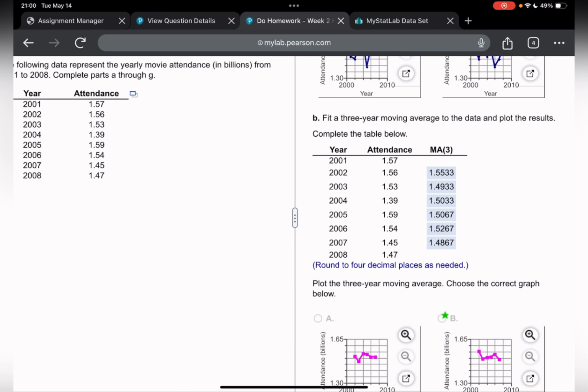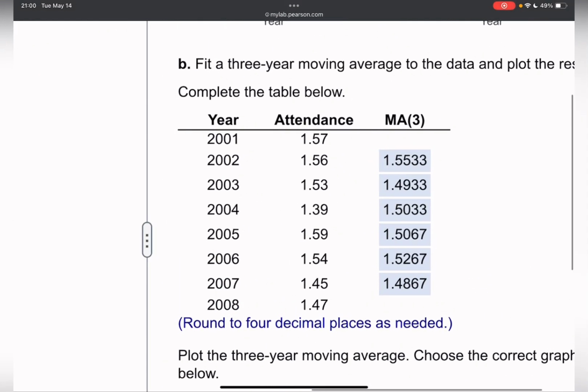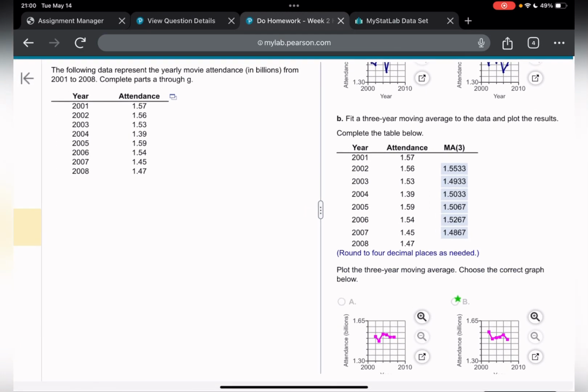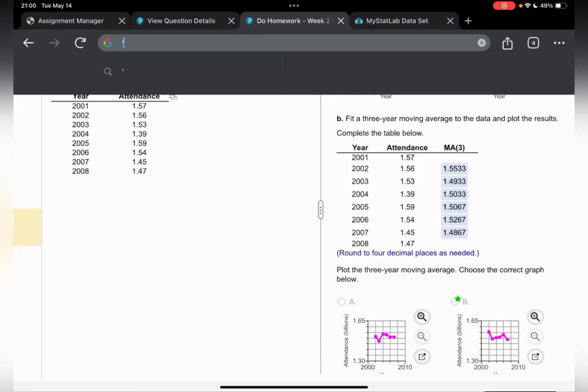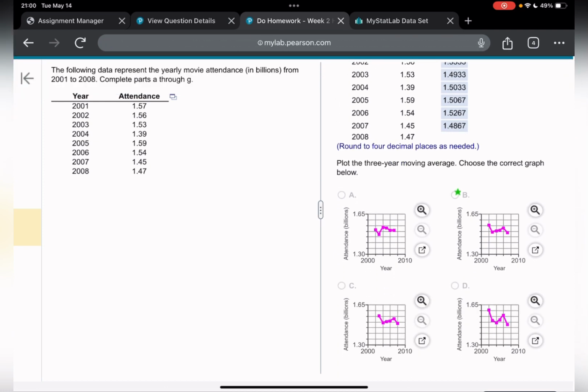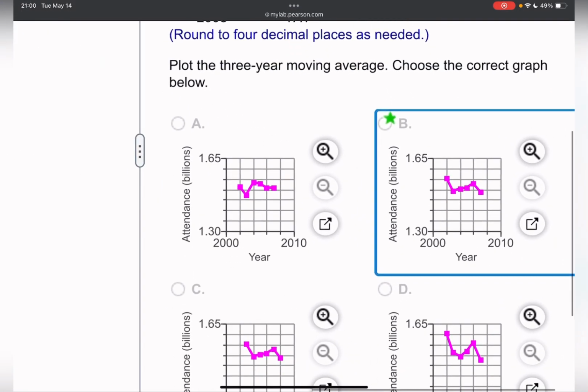Yeah, here it wants to plot the moving average, MA of 3, this one. So we need to type it in and then get the result for years 2001 to 2002. Instead of attendance, you place this MA3 in StatCrunch. Okay. And graph the plot. And you should get something like this, B, the answer.